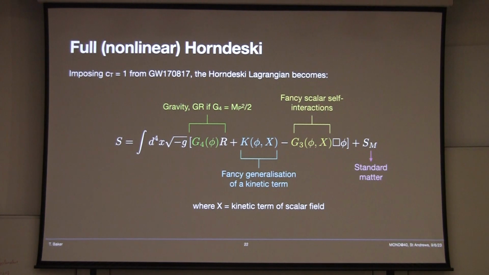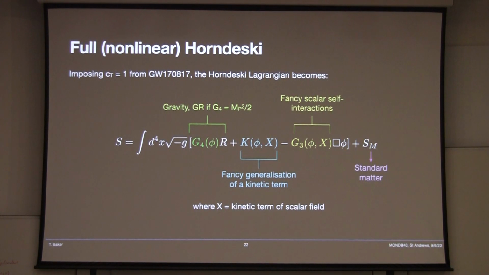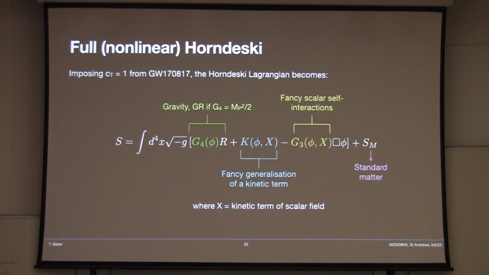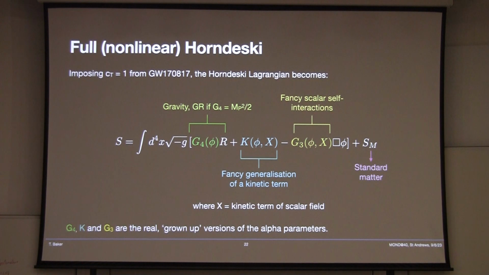Okay, so what we now want to constrain really for the full theory is not the alpha parameters, but these three objects, G4, K, and G3. And again, they're functions. And these are the grown-up versions of the alpha parameters, because they're the full descriptors of the theory. So we can use these in the nonlinear regime.